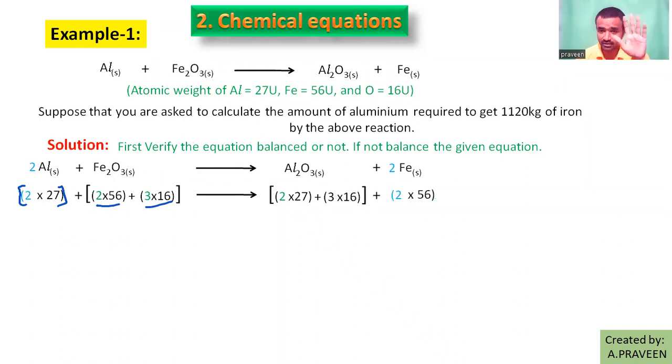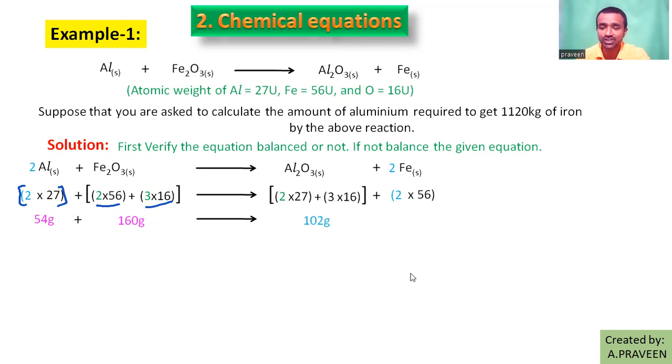If it is clear, then the remaining steps are very easy. 2 into 27 is 54 grams. 2 into 56 plus 3 into 16: 56 twice is 112, plus 48 gives you 160. Then towards the right side, 2 into 27 is 54, 3 into 16 is 48, total 102.